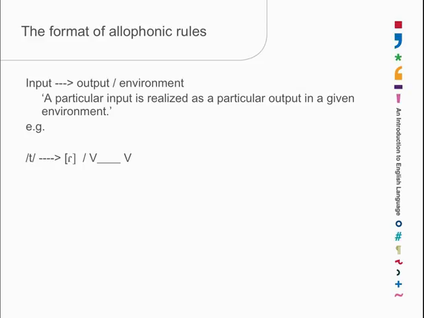What is that? That upside down J. It's a tap, just the quick flick of the tongue against the alveolar ridge. And after the slash we get vowel gap vowel. That means when the T is between vowels. So T is realized as D in between vowels.